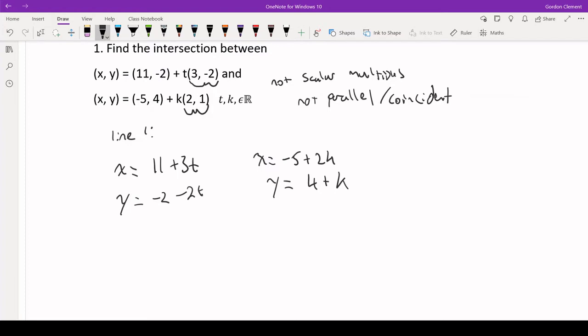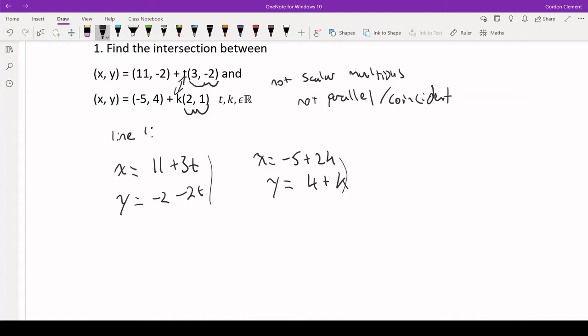Just double check before I get too far into this. Yeah. One thing you'll notice is I have used different letters for each line. They need to be different letters. If they're the same letter, you're not going to be able to solve for the point of intersection, because the parameter, which k value I use to get the point on this line, can be different than the t value I need to use to get the point on the first line.